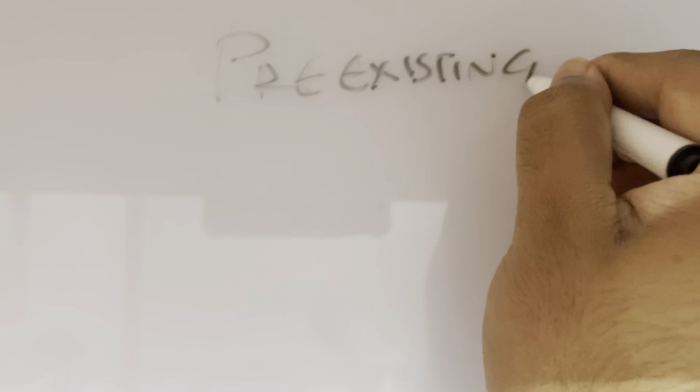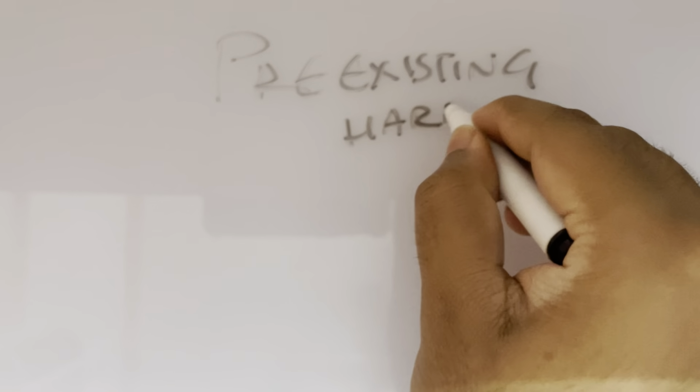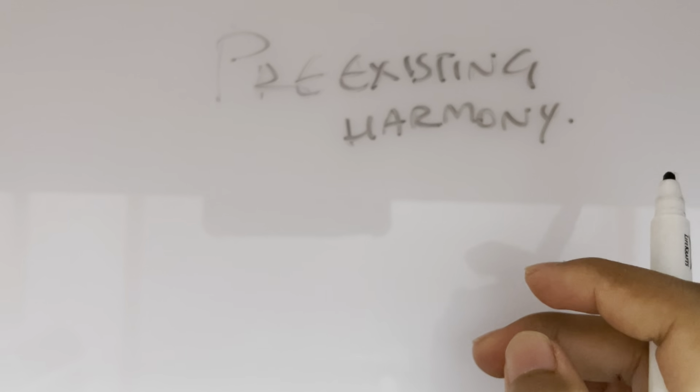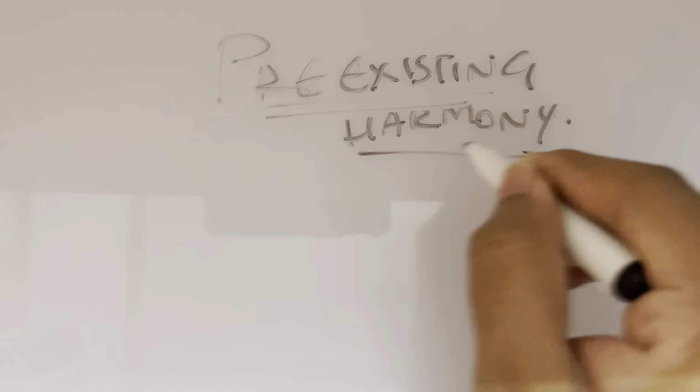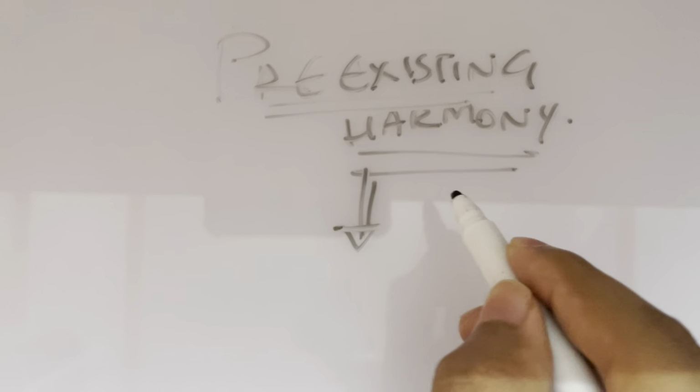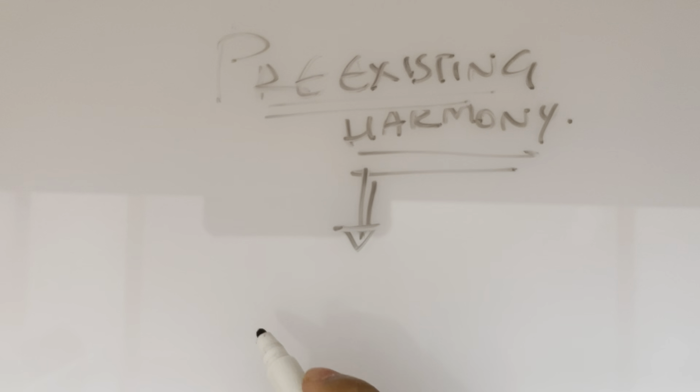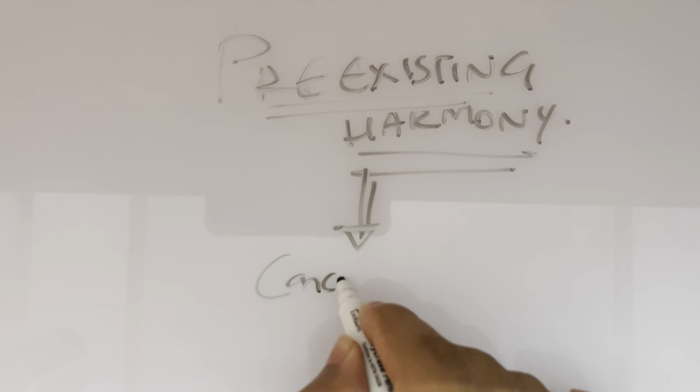So we come to the philosophy of pre-existing harmony. Basically, through pre-existing harmony, there is a corollary that follows, which is the concept of God.